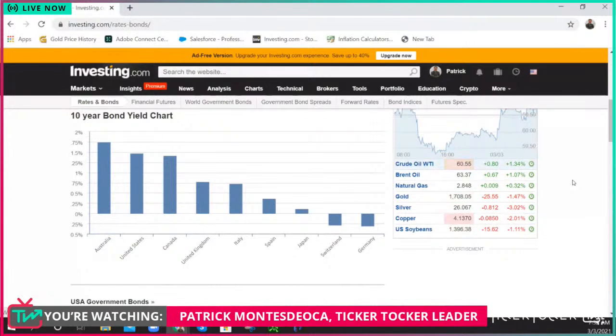And so, are we moving into higher interest rates?